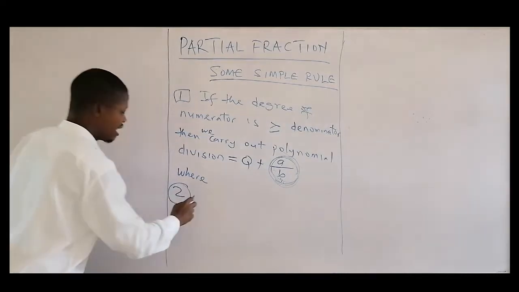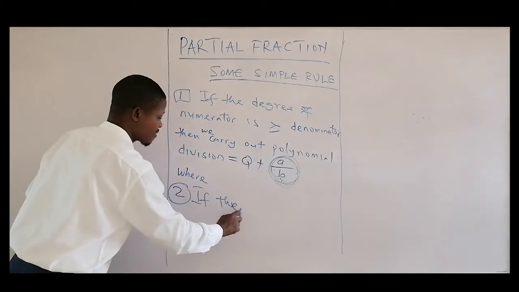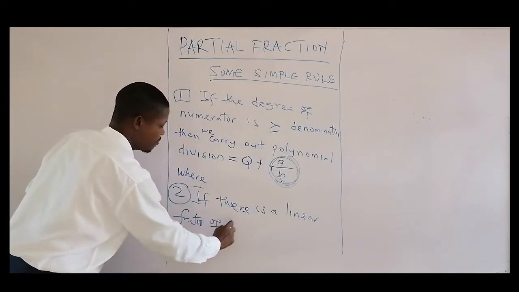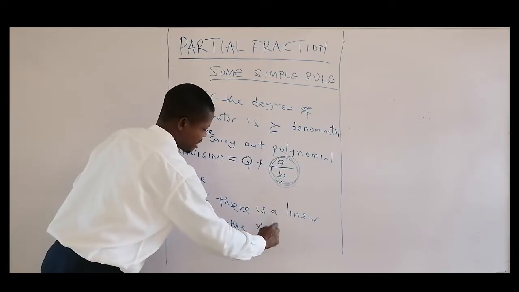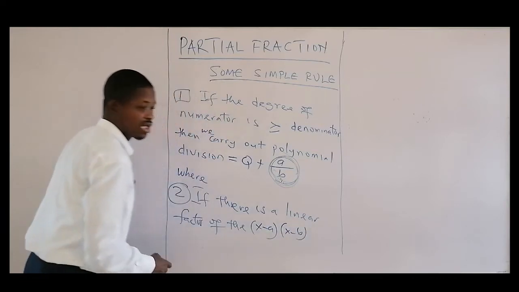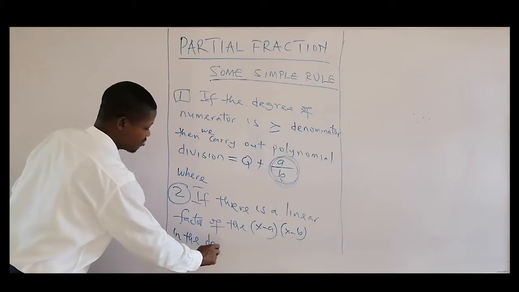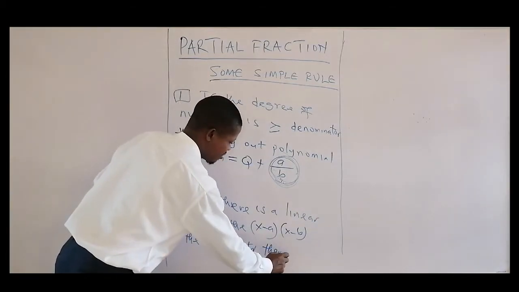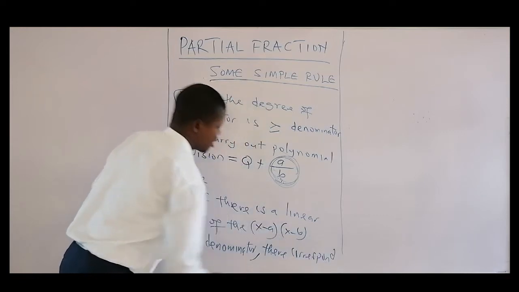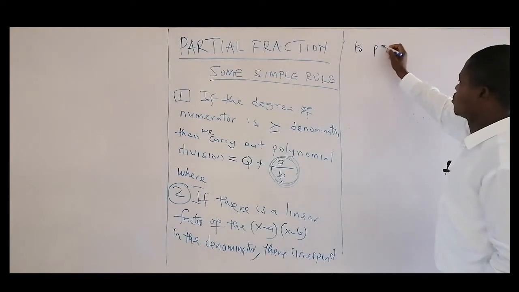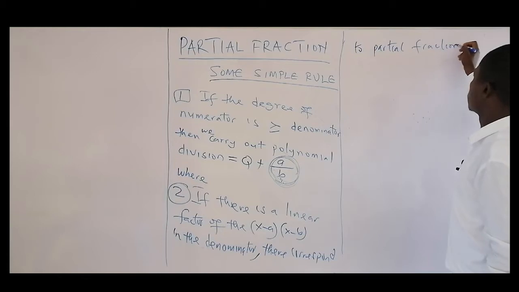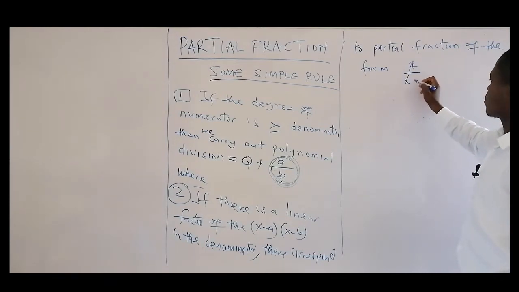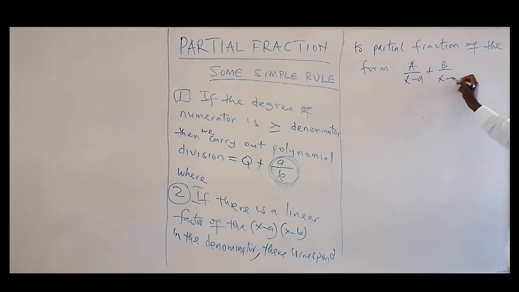Number two: if there is a linear factor of the form x minus a, bracket x minus b, in the denominator, that will correspond to a partial fraction of the form A over x minus a plus B over x minus b.